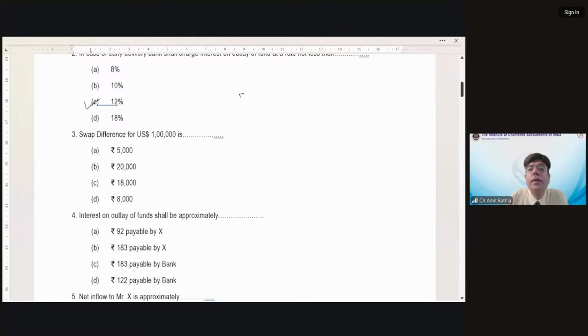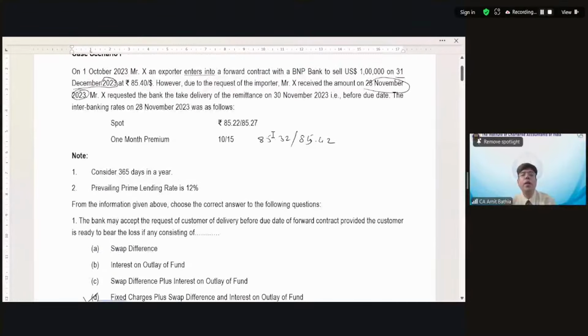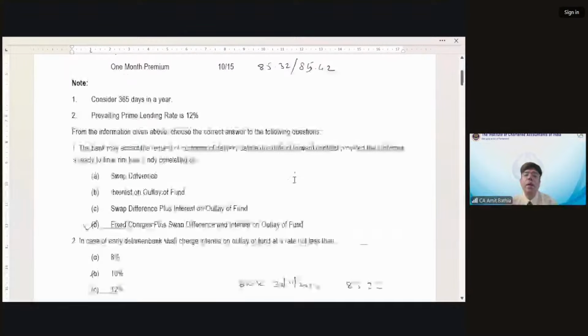Bank is going to pay me as on 30th November 2023. How much are they offering me? Spot 85.22, 85.27. Remember, I have to sell dollars. When I am selling, I will essentially receive the bid price, not the ask price. So 85.20.